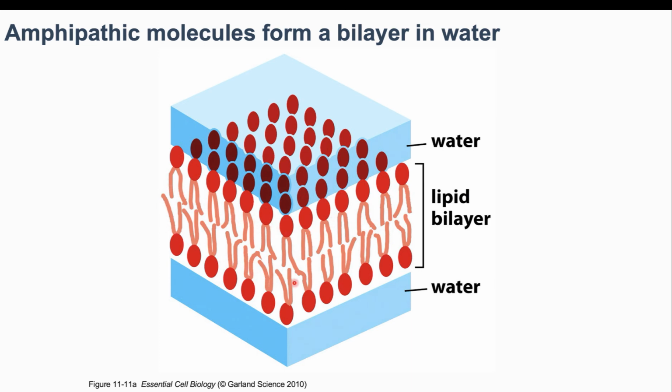They aggregate with their hydrophilic heads facing a watery solution on either side, and the hydrophobic tails kind of in the middle. It might remind you of a peanut butter sandwich. Imagine the hydrophilic heads being the bread and the peanut butter being the hydrophobic tails.